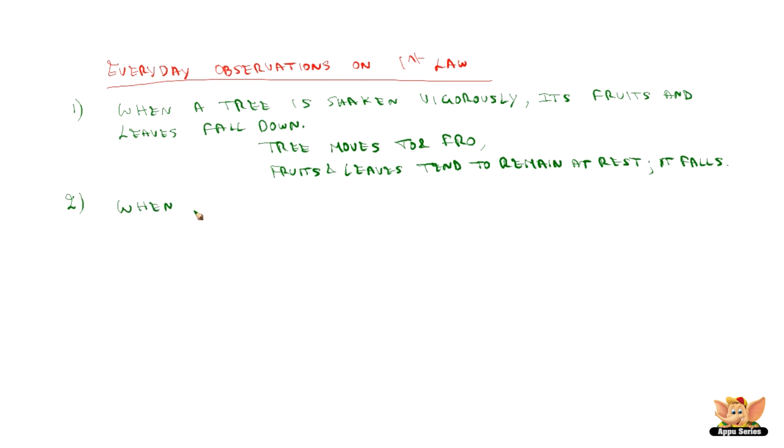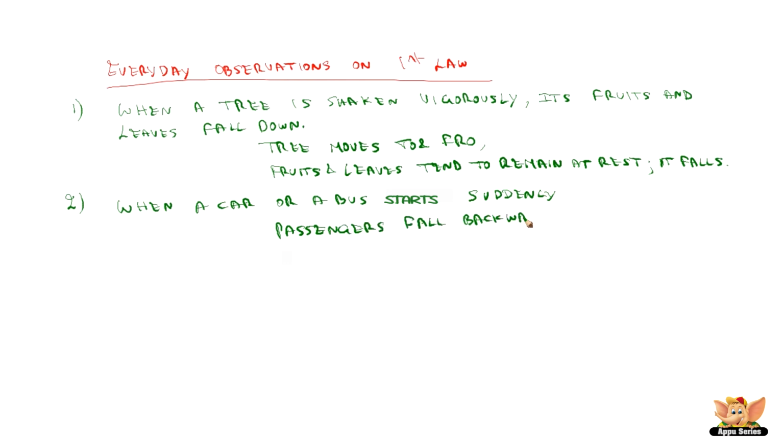When a car or bus starts suddenly, what happens to its passengers? We see it on an everyday basis. The passengers fall backward. Why? Due to inertia, the passengers tend to remain in a state of rest, because when the bus is moving, passengers are sitting inside stationary.